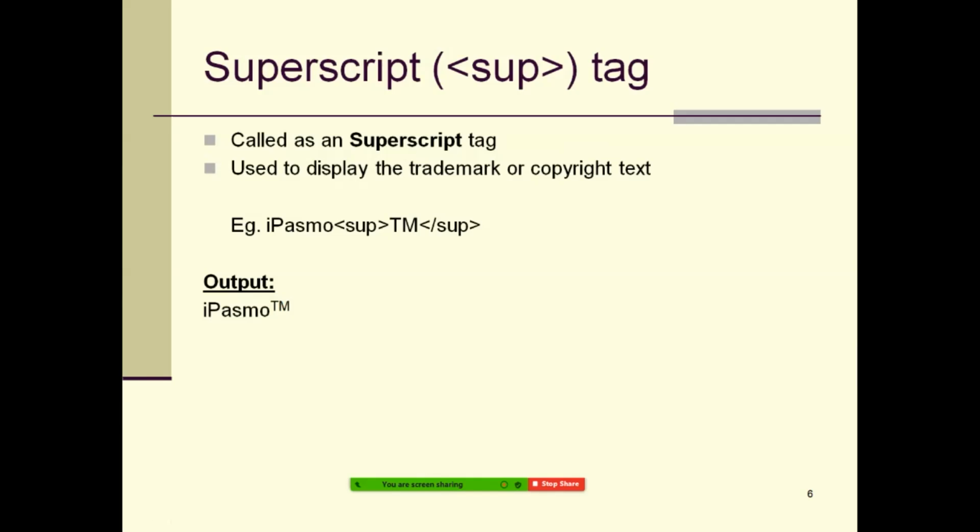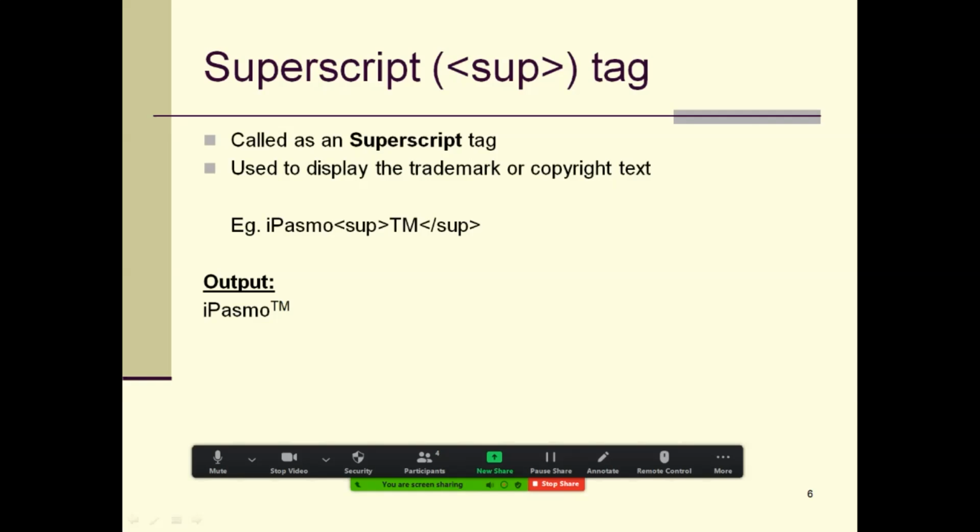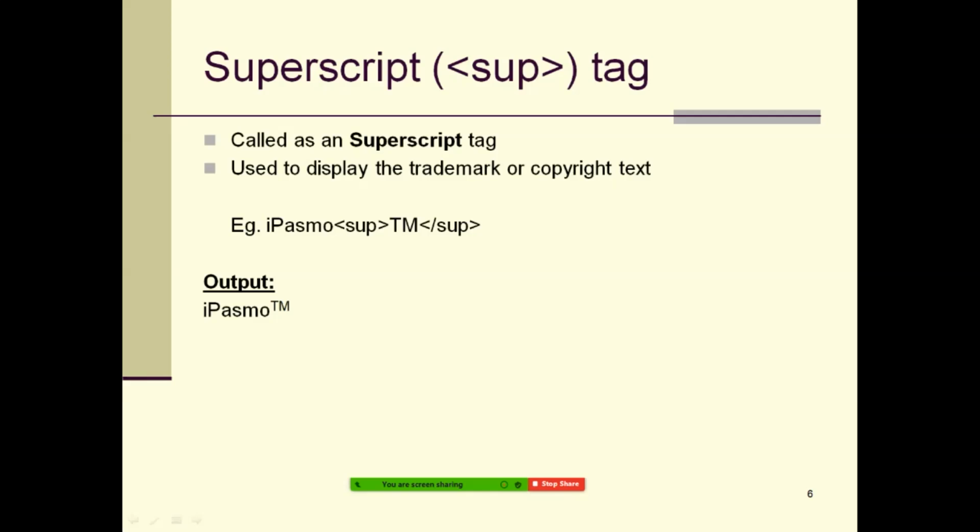And next, this will take very few seconds only. There are two things, superscript and subscript. Have you ever heard about superscript and subscript? No? Okay, so usually, superscript is nothing but, you see the output.